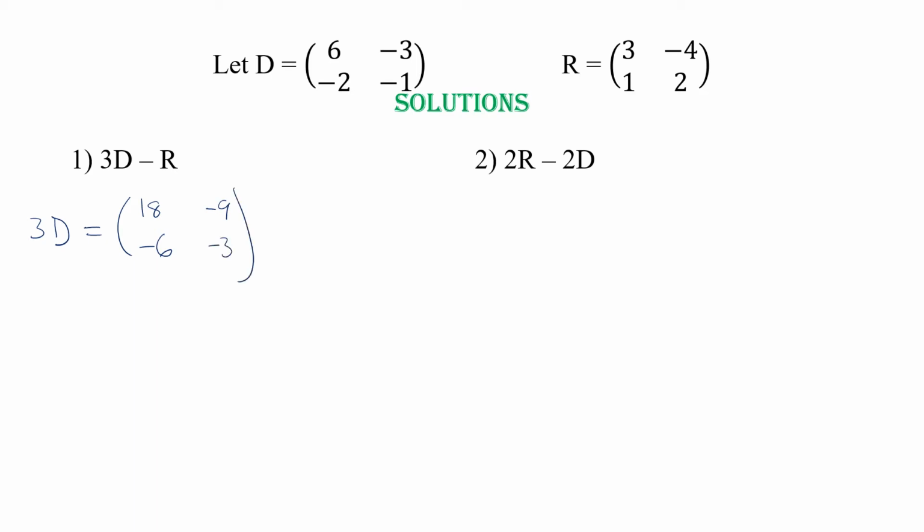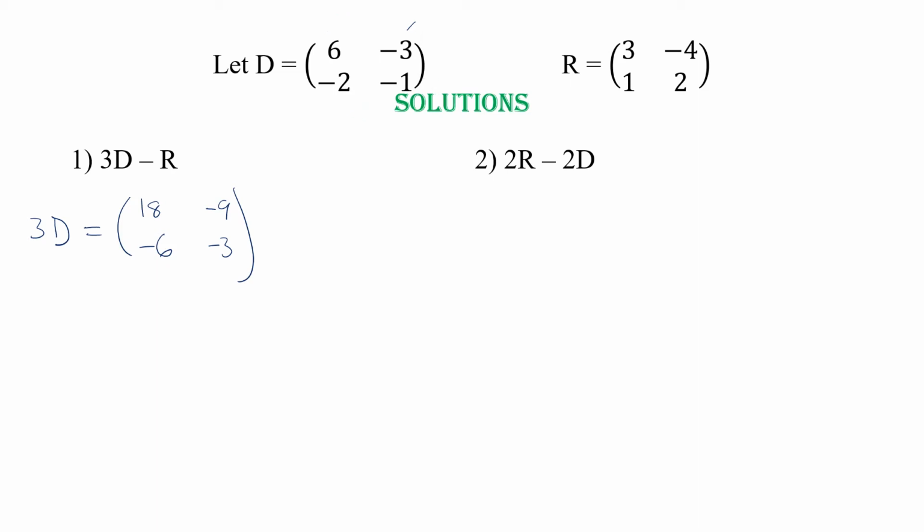So you see this matrix here? This is 3D. How did I get this? I multiplied each element here by 3. That's what I did. So 6 times 3, negative 3 times 3, negative 2 times 3, negative 1 times 3. And that gave me that result there.